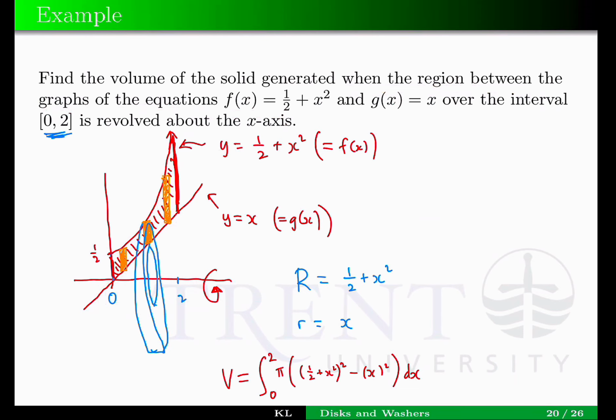So practice integrating this. But if I only ask for the setup, then you can just leave the final answer in this way.